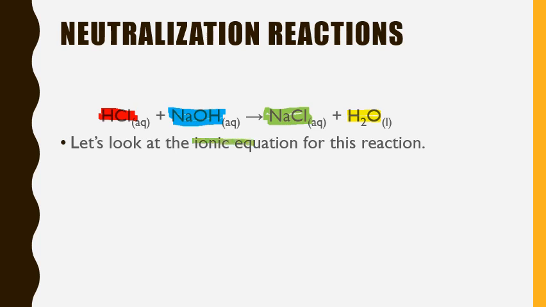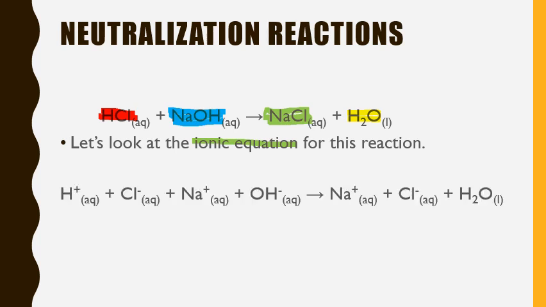Here's what we're going to do. We're going to write the full ionic equation. What that means is we're going to break each one of these aqueous compounds down into their ions. So you'll notice HCl we have now broken up so that HCl becomes H plus, Cl minus, because it's aqueous. Sodium hydroxide becomes sodium and hydroxide ions, because it's aqueous.